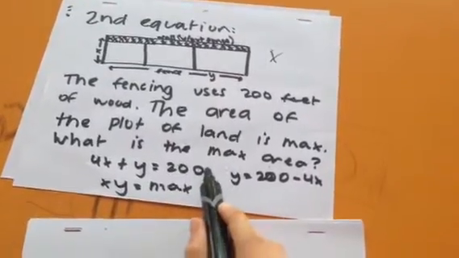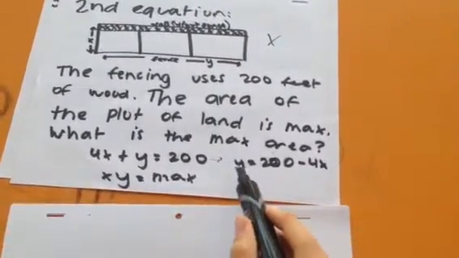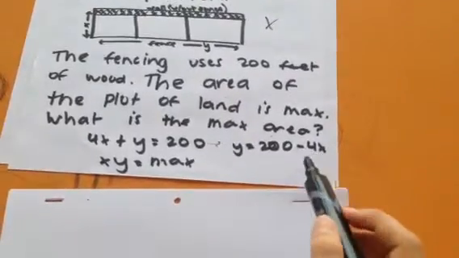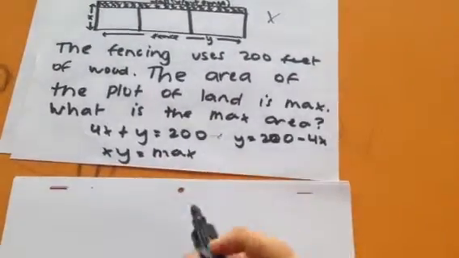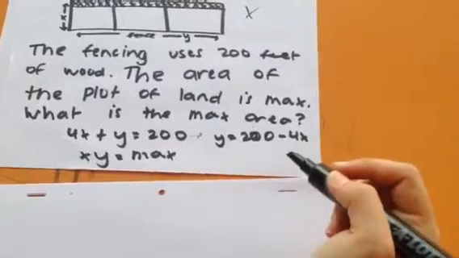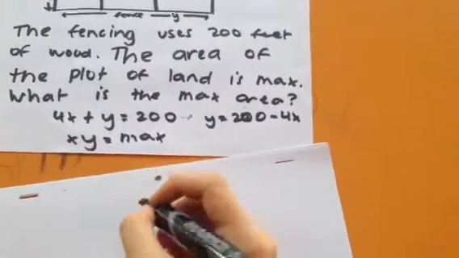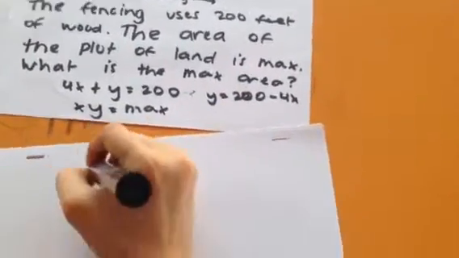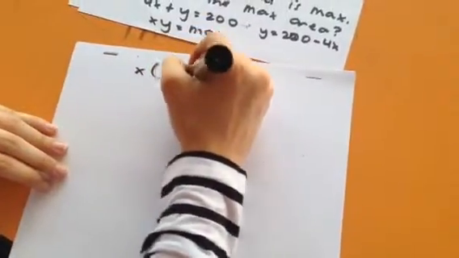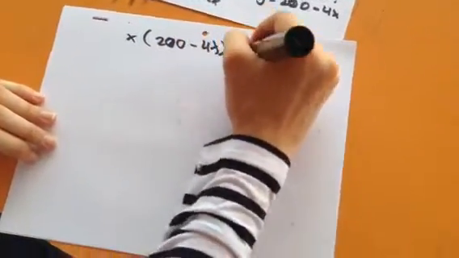So I've simplified this equation to y equals 200 minus 4x. So now we can see that x times 200 minus 4x equals max.